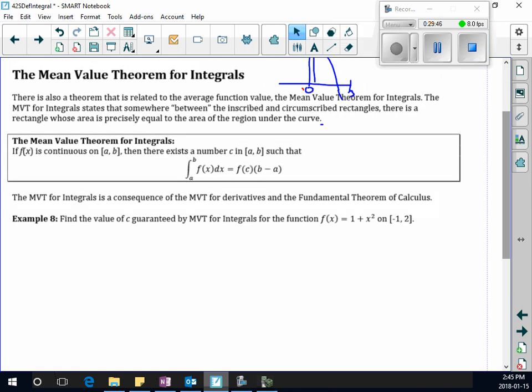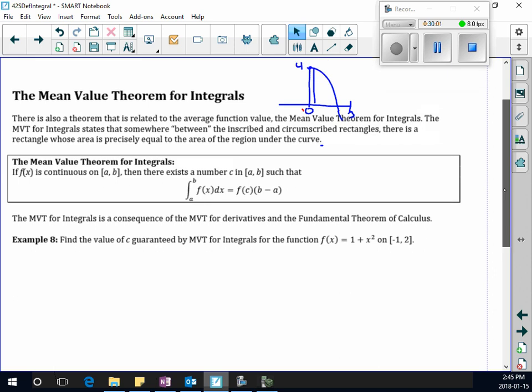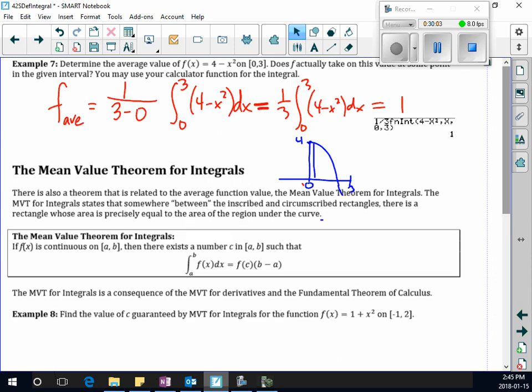Why is that the average? They're saying if you add up all the individual areas, the average is 1. It takes on the average of 1 through the whole thing. By the way, does anybody know what this value equals? It equals 3.